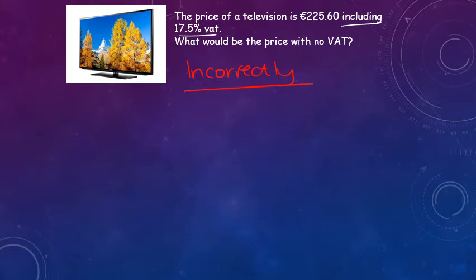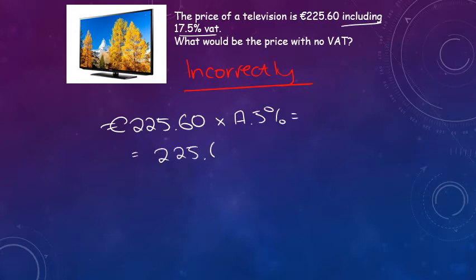So the price of a television is €225.60. So what I'm going to do is get 17.5% of it. Okay, so in order to do that, that'd be 225.60 by 0.175, or you could use a different method to do that.